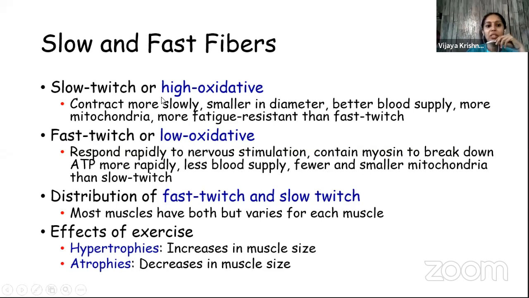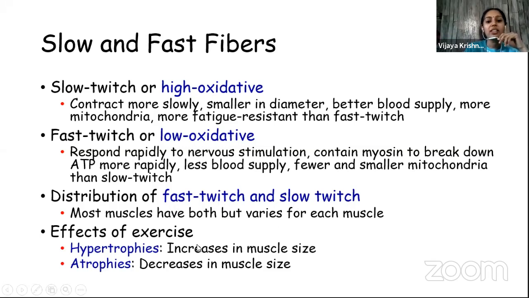Now, as the name suggests, slow twitch fibers are used when you need muscle contractions for longer duration, something like standing, walking, etc. Fast twitch fibers are present in muscles which are required for immediate energy, something like when you need to compete in a 100-meter dash or race. But in general, muscles have both fast twitch and slow twitch fibers.